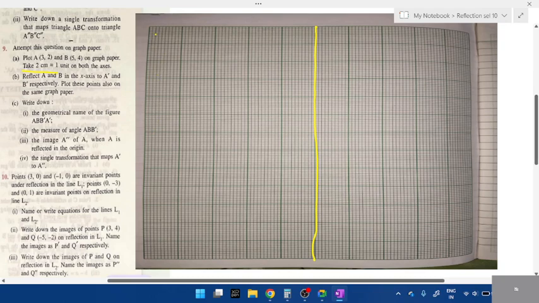Horizontal, can you count how many boxes are there, students? Vertical, how many boxes are there? Total 13, right? 10.